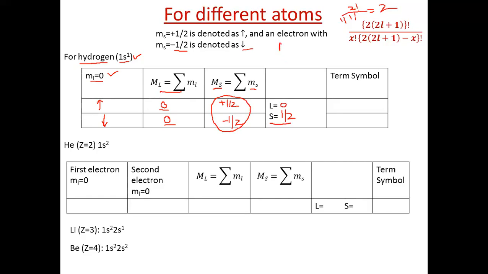As we already did, MS is equal to plus S down to the difference of 1 minus S, so half minus 1 is minus half. So S equal to half can represent these two values. So the term symbol becomes, what is the formula for the term symbol? 2S plus 1 L J.